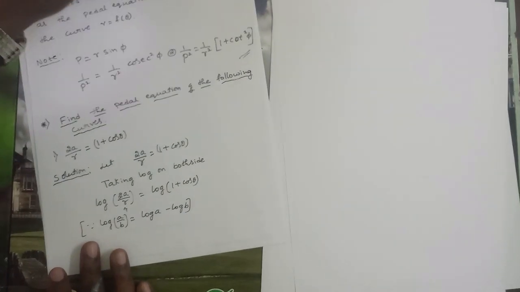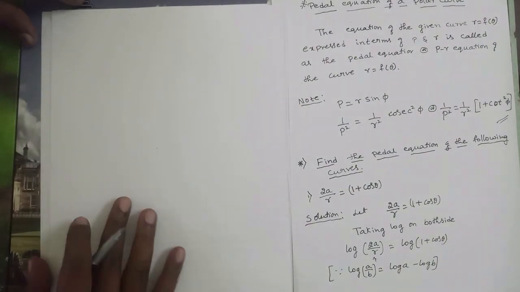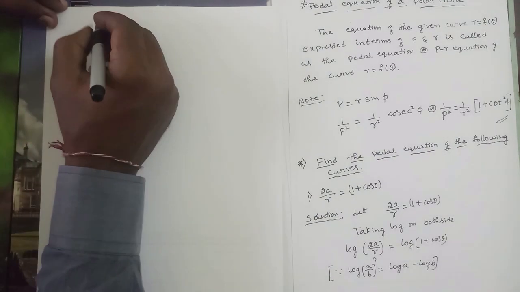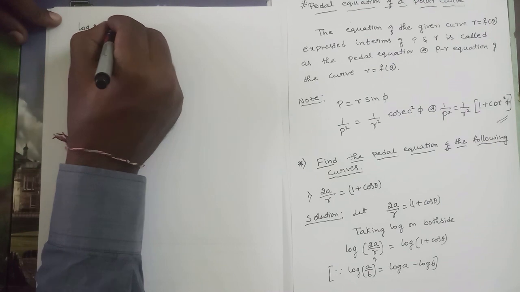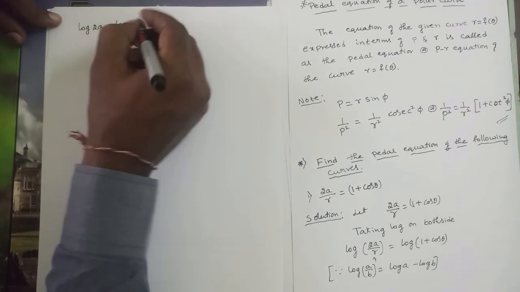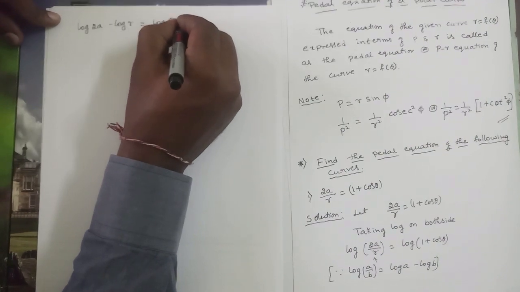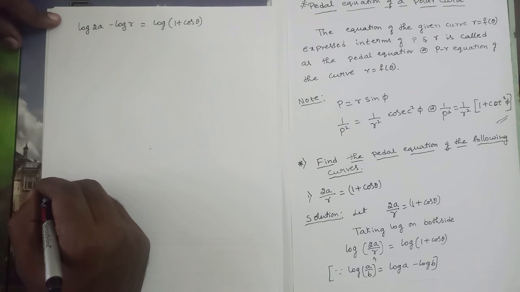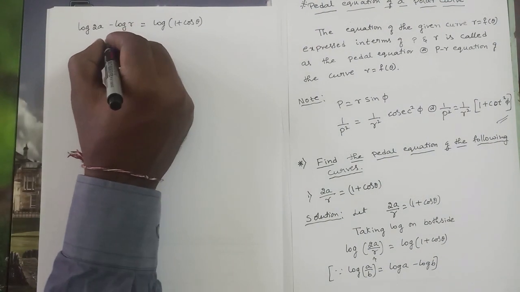So here log 2a minus log r equals log of 1 plus cos theta. Now differentiate with respect to theta.